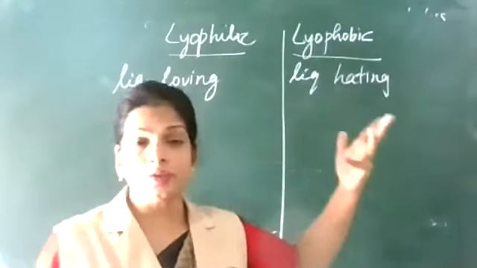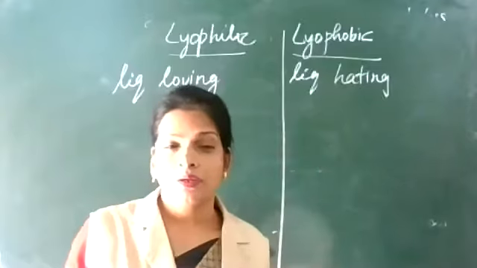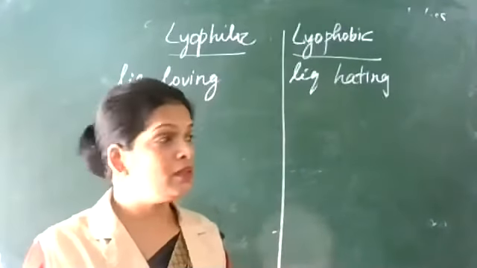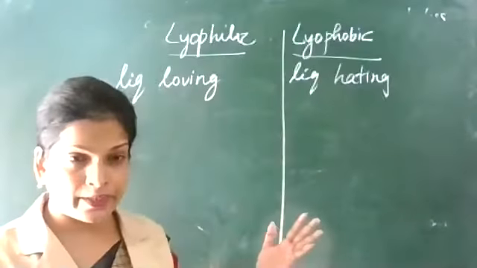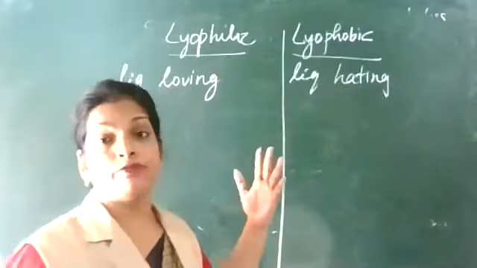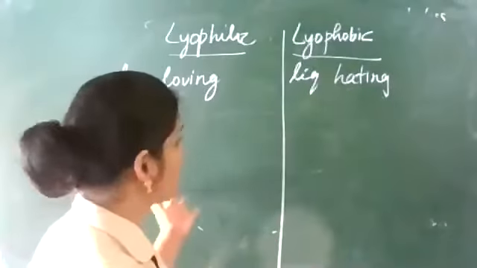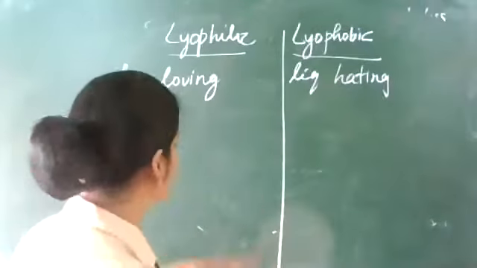In a gold sol, gold is dispersed in water. There is no force of attraction between the dispersed phase and the dispersion medium. Such colloids are called lyophobic colloids. So one is liquid loving and the other liquid hating.